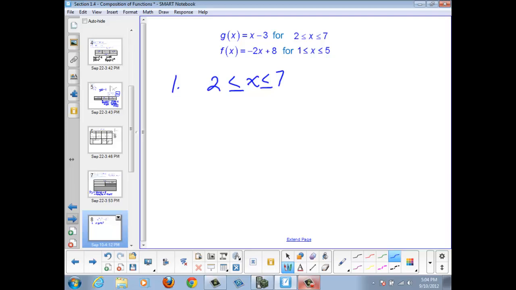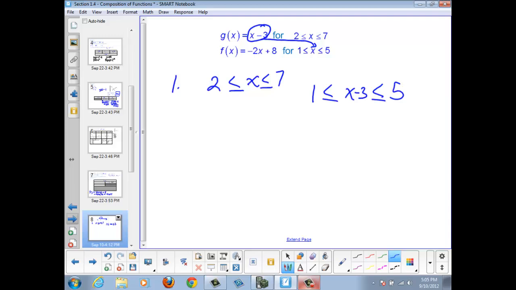So I'm going to take that process of getting our answer and make sure that it falls between 1 and 5. So I start with 1 less than or equal to our answer of g of x, which has to be between 1 and 5, or I can't get through that second step.